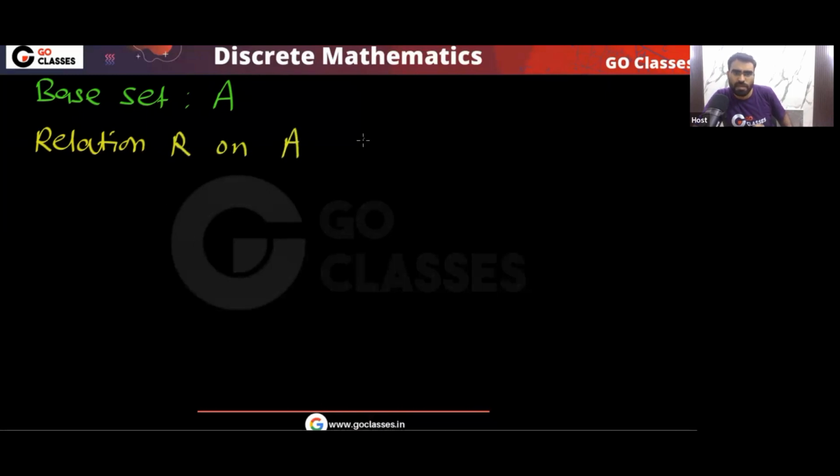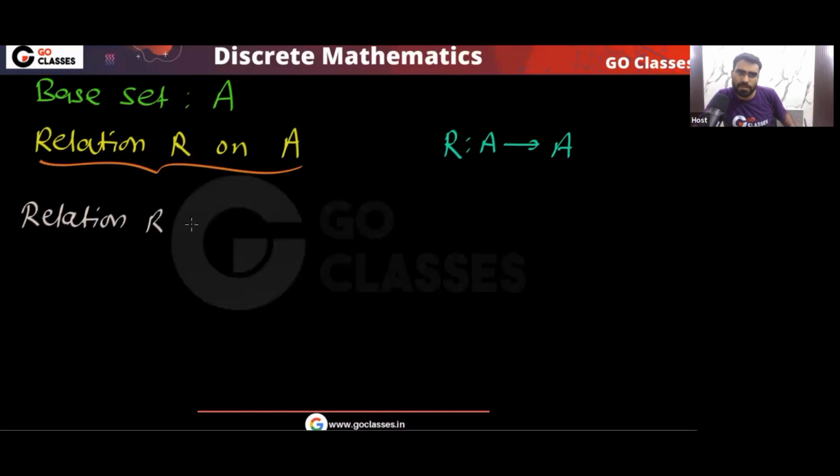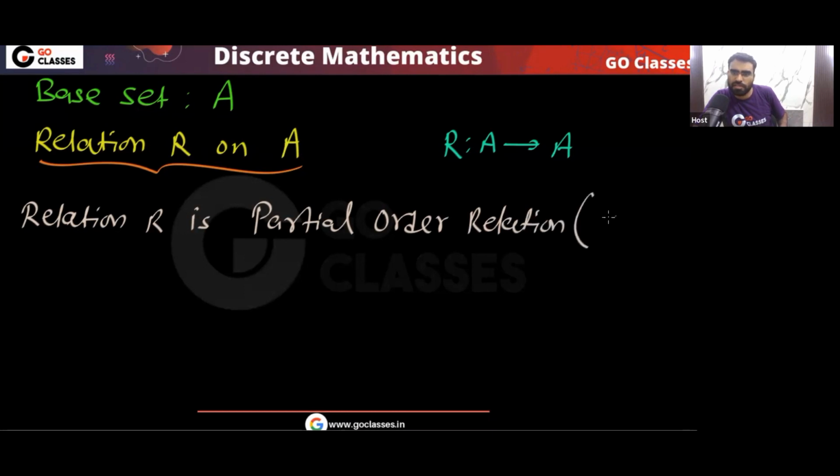That means you have a relation from set A to set A. Elements of A are related to elements of A. Now when can I say R is a partial order relation? In short, we will call it POR, partial order relation.